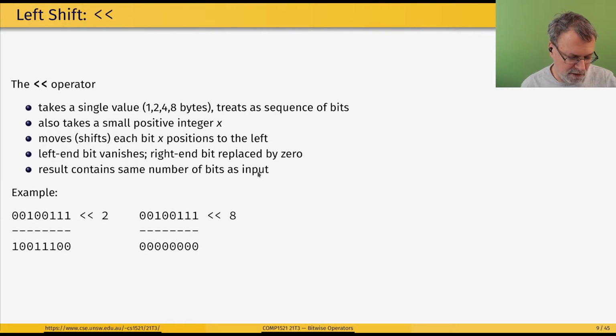2 more bitwise operations. Shifting. We can shift the bits left or right. So 2 less-thans send the bits left. So we can shift the bits across 2 positions. Any bits that fall off the end are lost, and any bits on the right are 0 filled.